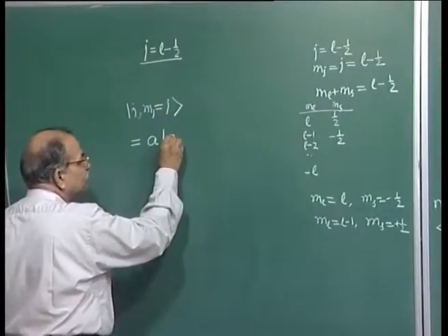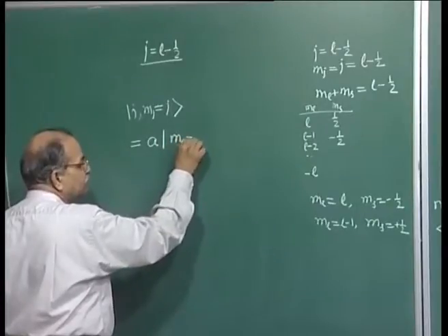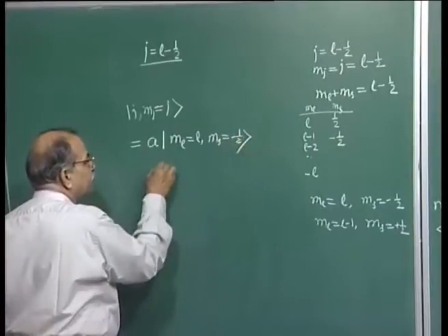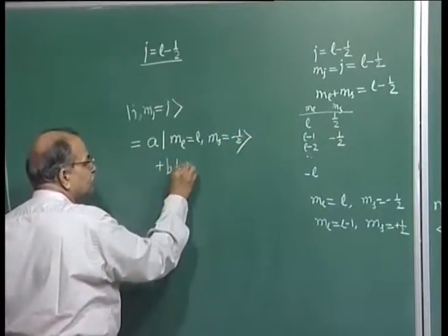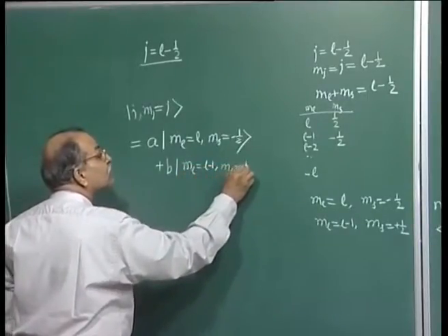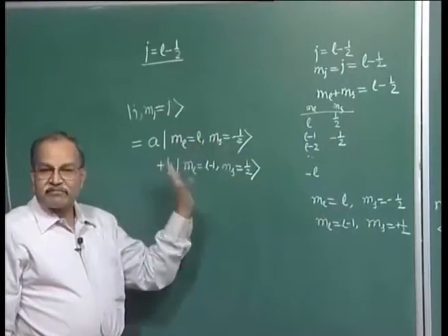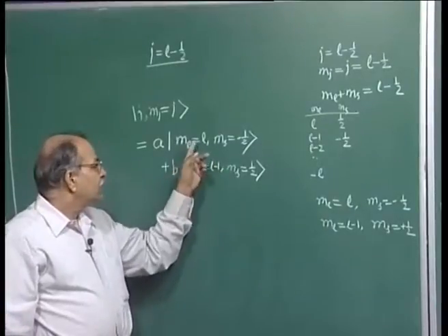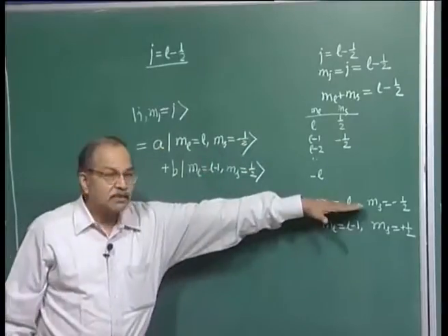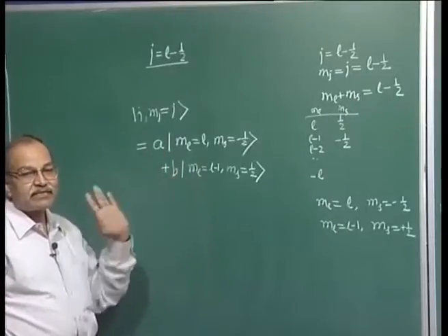One in which, let me write this, ml is equal to L and ms is equal to minus half, and plus some other constant times the one in which ml is equal to L minus 1 and ms is equal to plus half. The j value and L value are definite, that I am not writing. ml is L, ms is minus half is one component, and this other component will also be there, with some fractions a and b.